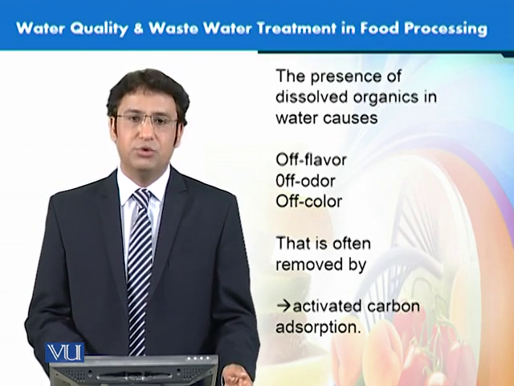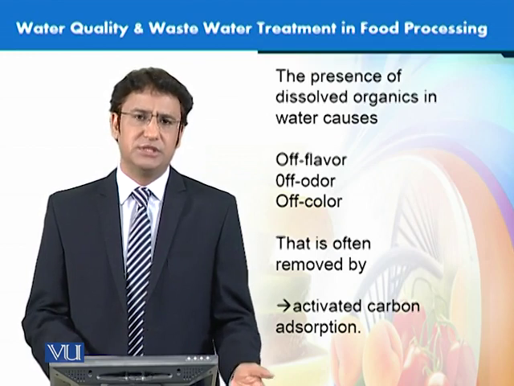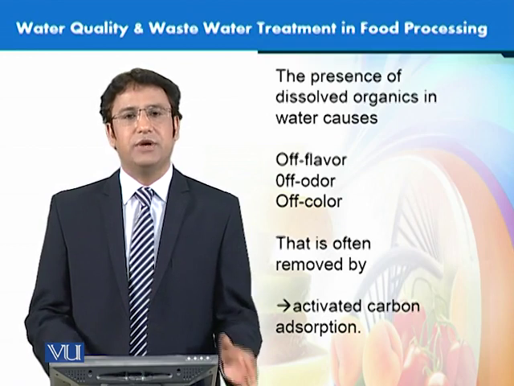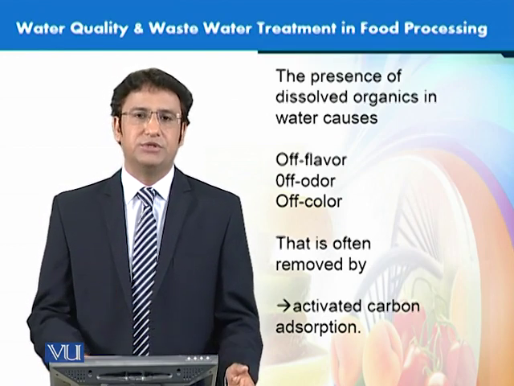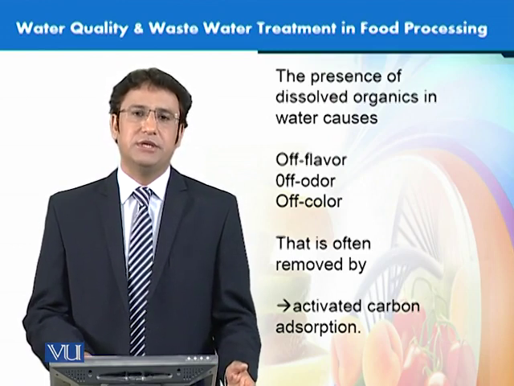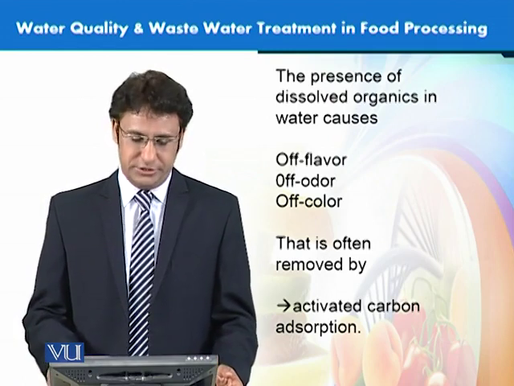So we normally remove this through activated carbon adsorption. This is also called charcoal or activated carbon. It has a very large surface area and very strong adhesion power, so it would be absorbing most of the odors as well as colors from the water. So these are very routinely used filtering aids.